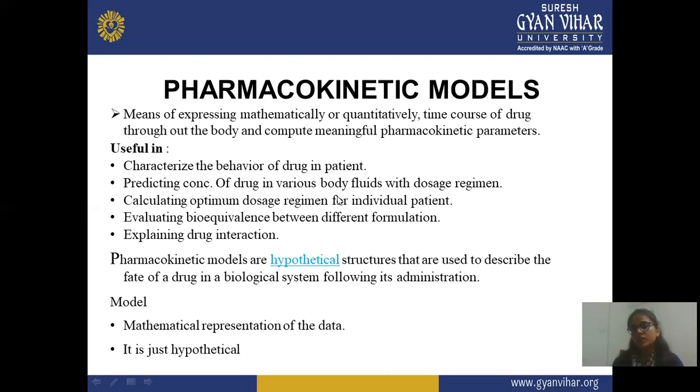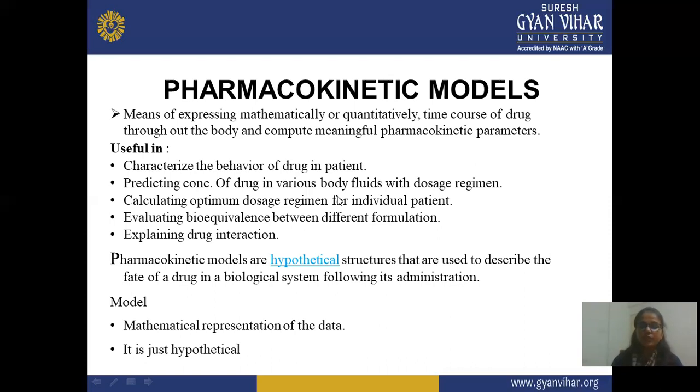So the advantages of this model: to characterize the behavior of a drug in a patient, if you are checking the particular response of that drug in a patient; and predicting the concentration of a drug in various body fluids with a dosage regimen. Suppose you are studying two to three drugs and comparing them, then you use the pharmacokinetic model for checking various dosage regimens or the response of the drug.